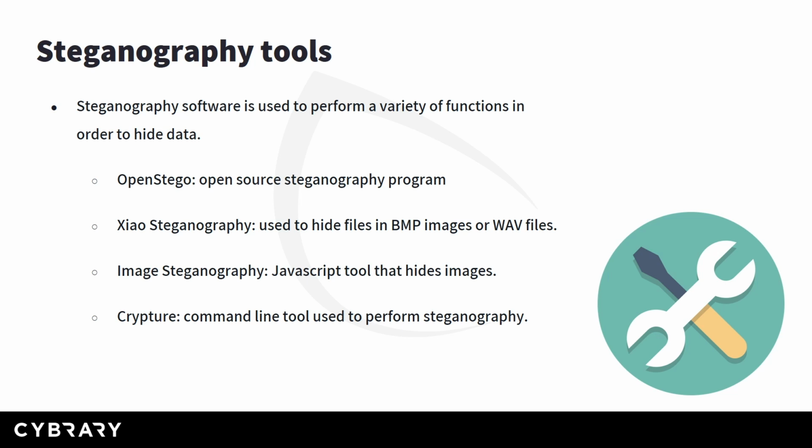Some online steganography software tools include SHAO steganography, used to hide secret files in BMP images or WAV files. Another one is Image Steganography, a JavaScript tool that hides images inside other image files, and Crypture, a command line tool that is used to perform steganography.